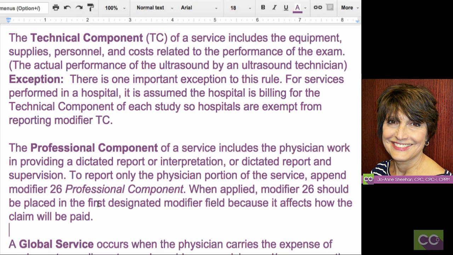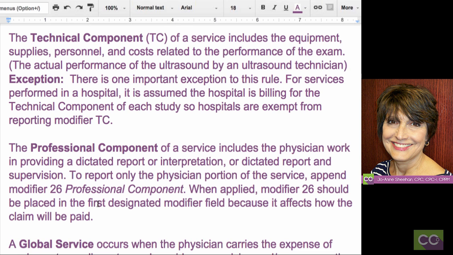And as far as the professional component, it includes the physician work in providing a dictated report or interpretation, and supervision. To report only the physician portion of the service, you would append the modifier 26, saying it's a professional component. And that should be in the first slot of the modifier in the event other x-rays were taken in different parts of the body.